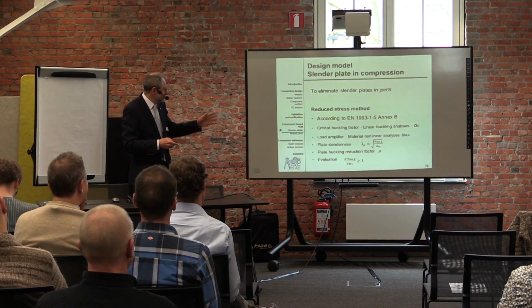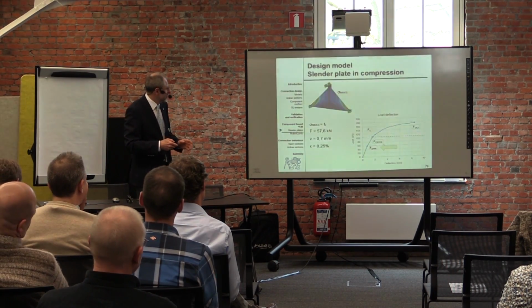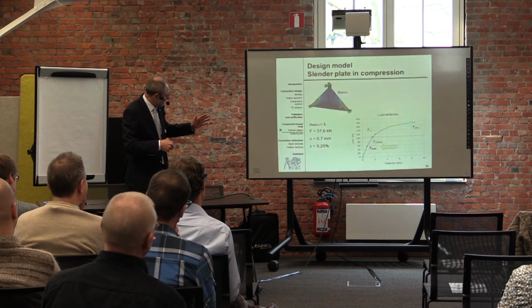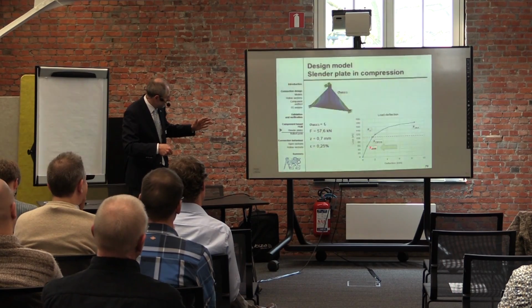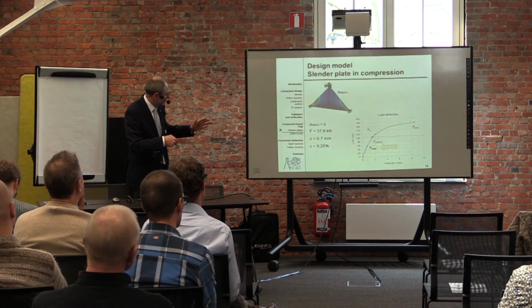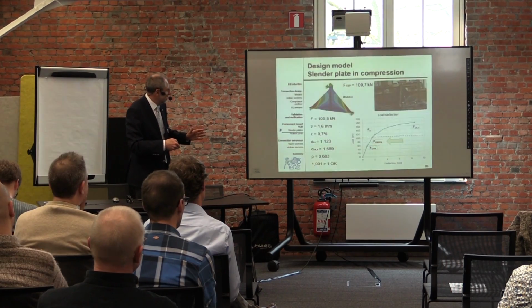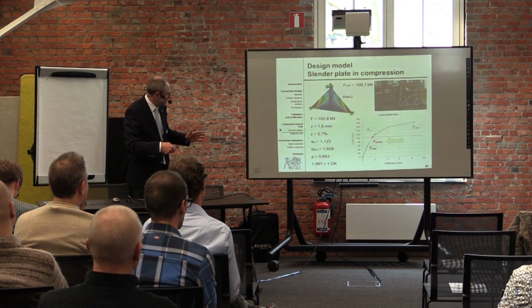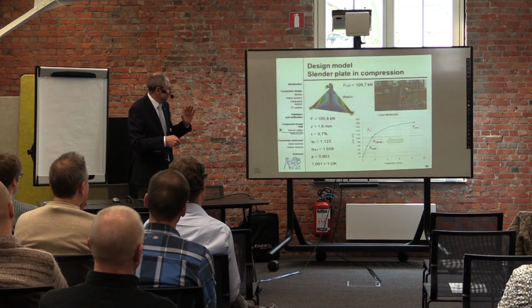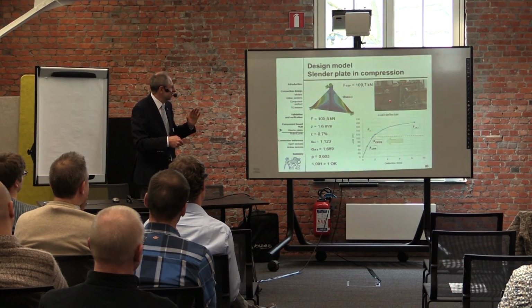I would like to show it to you on this. So this is our experiment, and the first point is where yielding starts. Here we have a corner, we have yielding. Then we have a second point, and this is the resistance, the experimental resistance. Of course, we will have a prediction only.